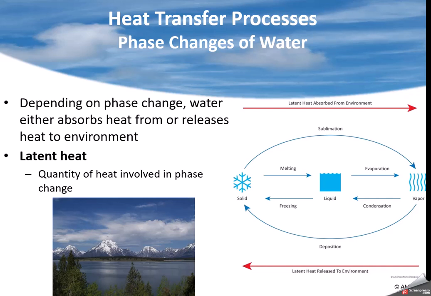And when the gas then evaporates, or condenses, excuse me, and becomes a liquid again, what happens is it releases that heat. So when it goes the other direction from vapor to a liquid, like you would see in a cloud, you have water vapor and then all of a sudden you see a cloud appearing. Guess what? Heat was released at that moment in time to make the liquid.